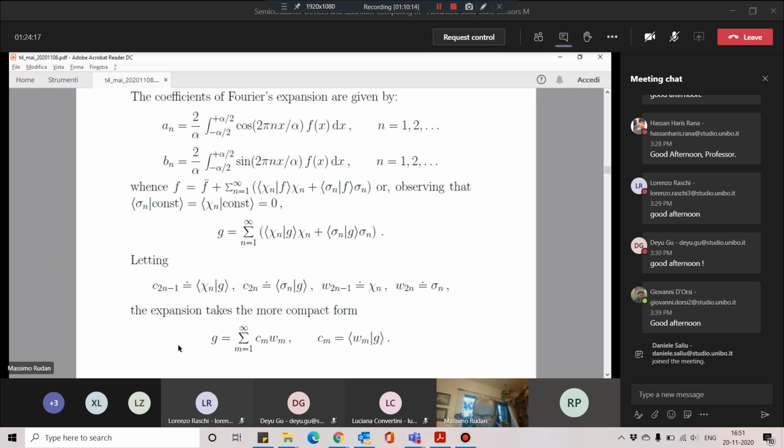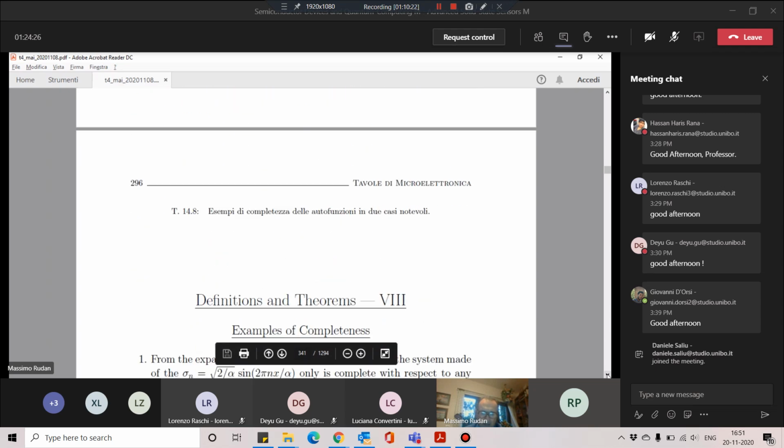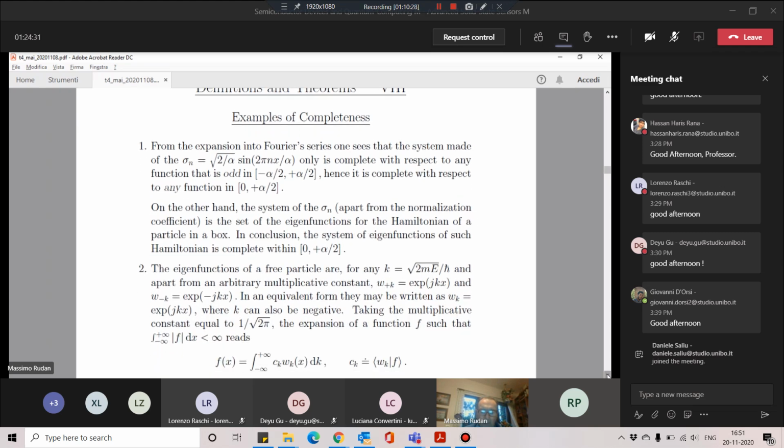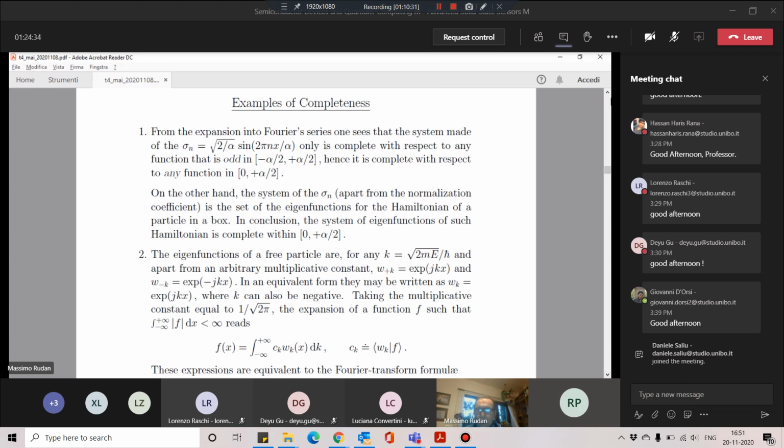Now the question is, are the functions sine and cosine that appear in the Fourier expansion the only possible functions that form a complete set? And the answer is no. In mathematics, there are many possible sets of functions having the same properties as sines and cosines in this respect.